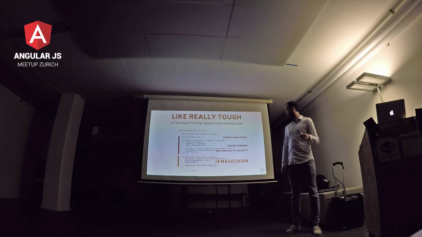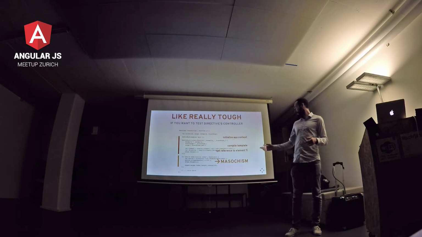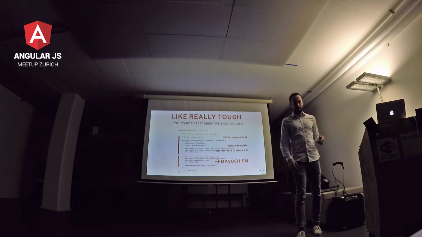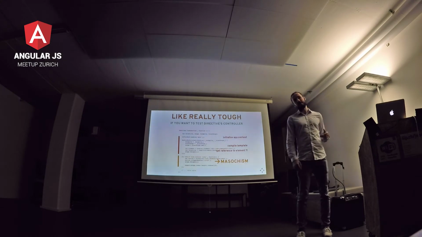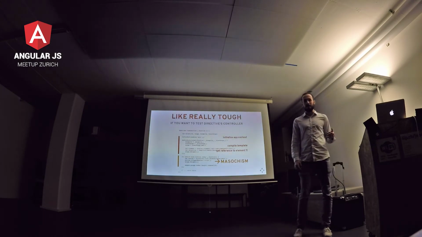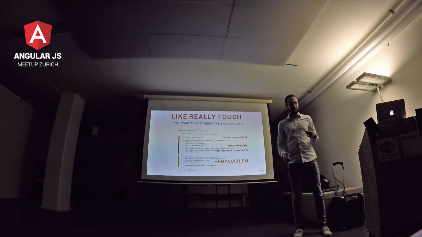Then you must digest it, and then you can get some references to some objects in the directive template, and then trigger some events on it, and maybe something will happen. So that's quite crazy, I would say, because the directive also has a controller or link function, which is just some logic that should be testable in the normal way and not by doing this crazy stuff.